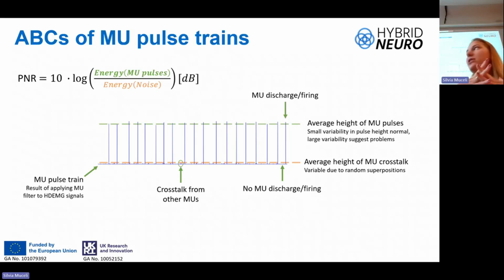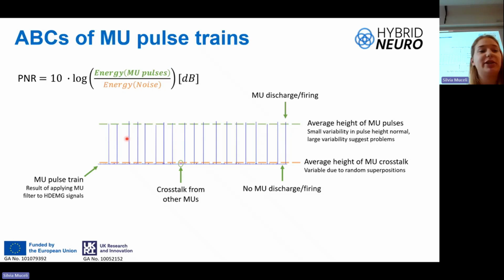When we are inspecting the pulse train, we usually look for the consistency of the heights of motor unit pulses. If there is no consistency, either we have something very strange going on, or it can be further explained by inspecting the experimental protocol or having a deeper knowledge of what is going on with the motor unit and why it's behaving that way.